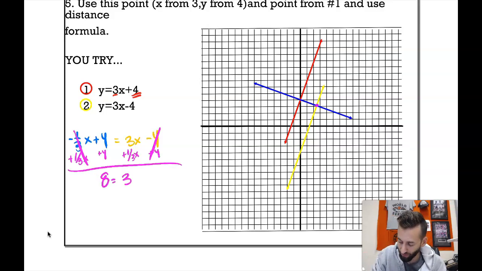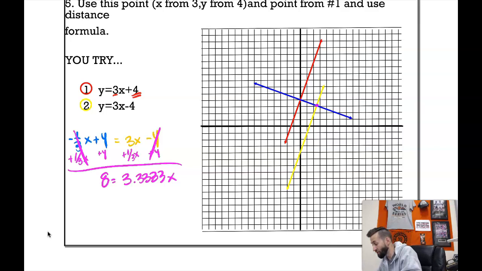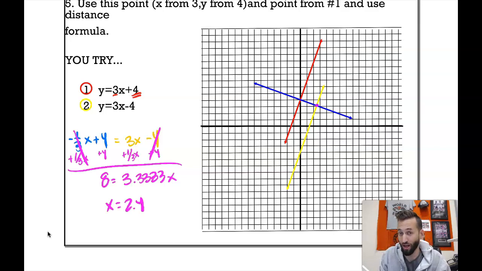So 8 equals 3.3333 repeating x. So I'm going to pull out my calculator. I have no idea, you guys. 8 divided by 3.33333333. I'm putting in a lot of threes, okay? Like a ton. All right. You end up with x equals 2.4. That's actually not too bad. All right. So the x coordinate of this one is 2.4.